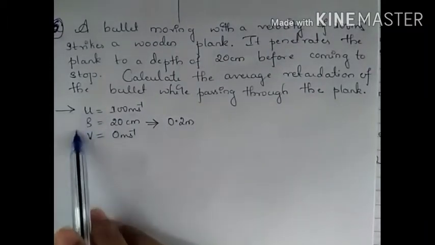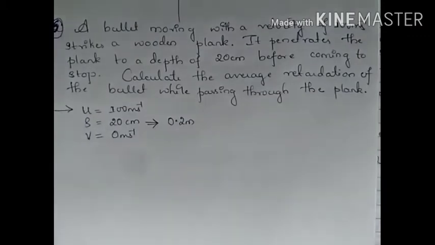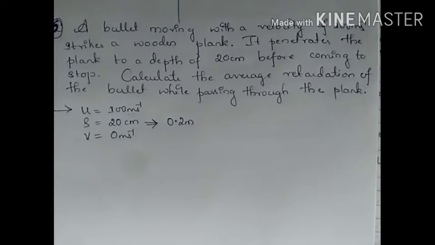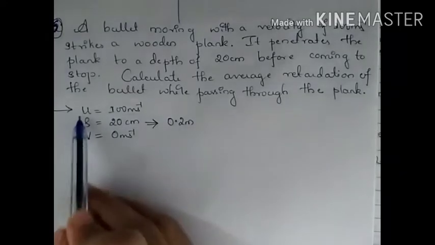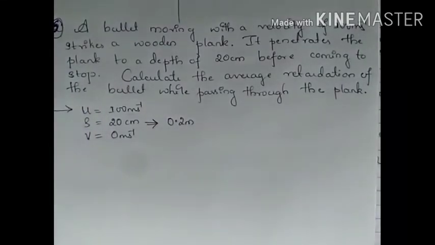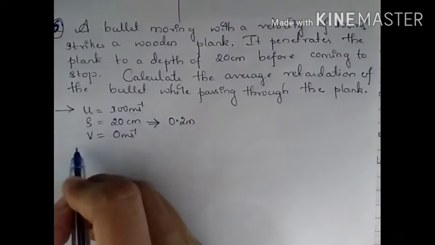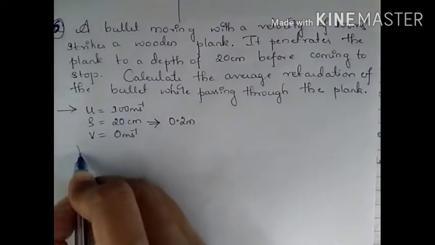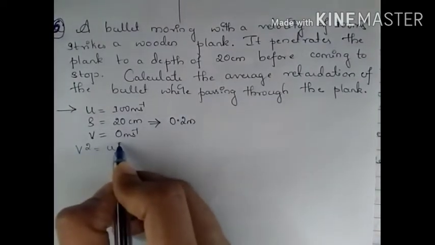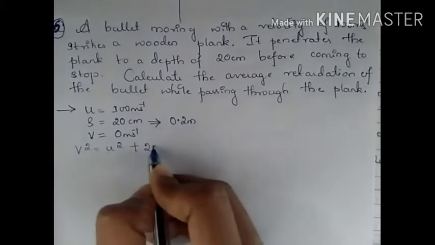So initial velocity is given and the distance is given, and final velocity is also given to us. So from all these three data, we can use one of the kinematic equations. So that equation can be v square is equal to u square plus 2as.